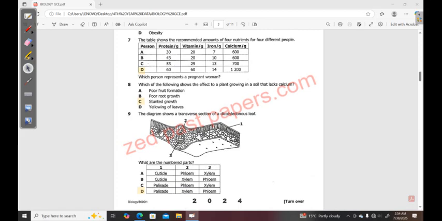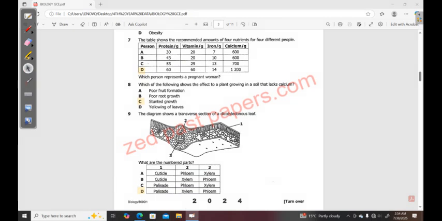A pregnant woman is literally eating for 2 people, so definitely all these contents are going to be high in number. She's going to need double the protein content, double the vitamin, double the iron, double the calcium. So you go for an option where all these food supplements are increased. So the correct option is D.